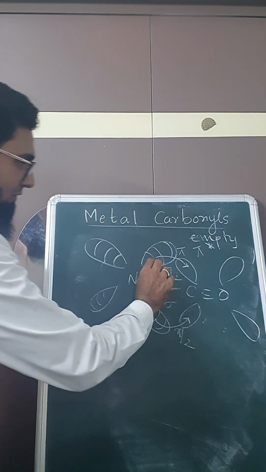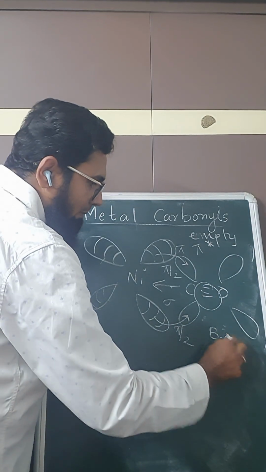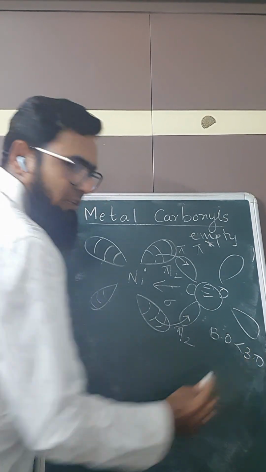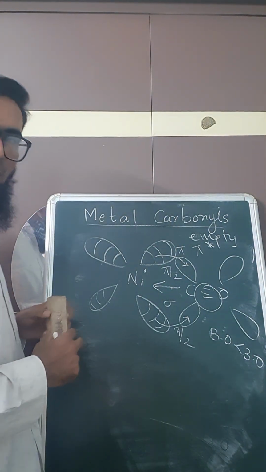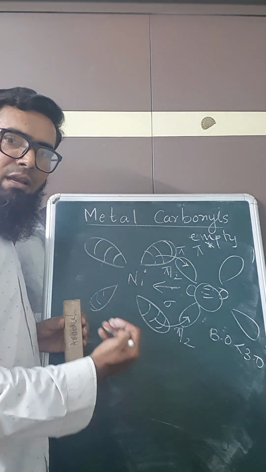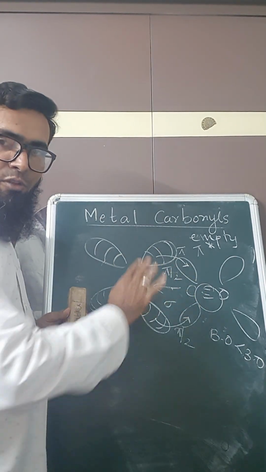After the back donation, the bond order of CO will be less than 3.0. Now why is the bond order decreasing? Because the stability of the CO molecule is decreasing due to this back donation, due to this synergistic effect.